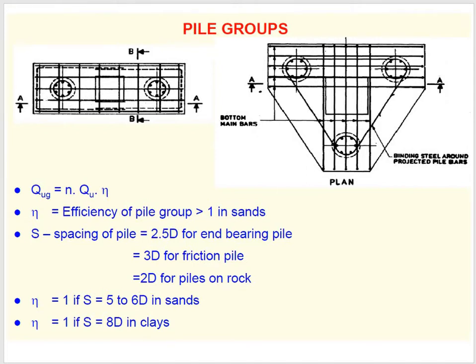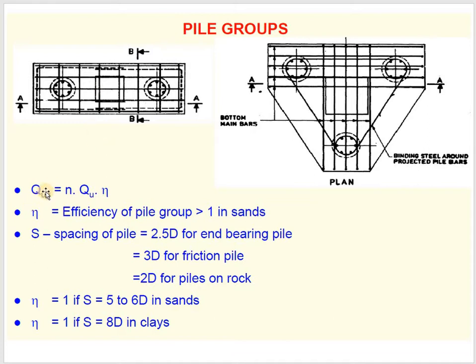Now let us discuss. There are two cases, as in the case of capacity of a single pile. In group piles also we have piles in granular soil, as well as piles in clay soils. For piles in granular soils, it is straightforward.